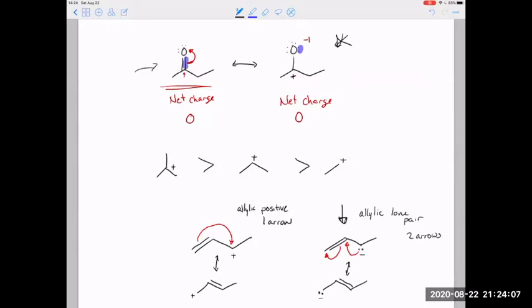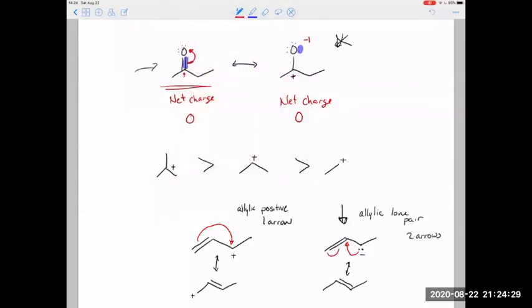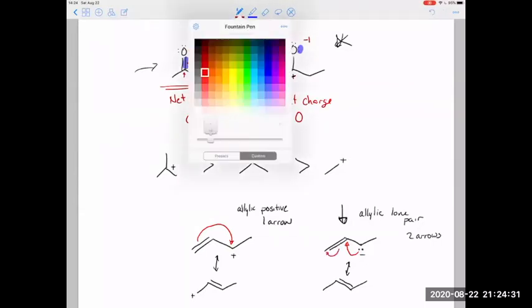In this case, you have to have the 2 arrows, because if you just drew the 1 and got rid of this one here, the result would have 2 bonds and this lone pair on this carbon. You just got too many bonds going on. So you have to make sure to draw that second arrow at the same time. These jumps are happening simultaneously.